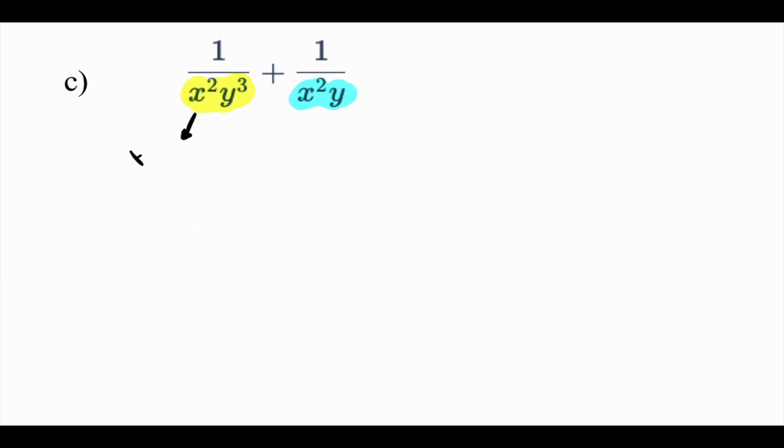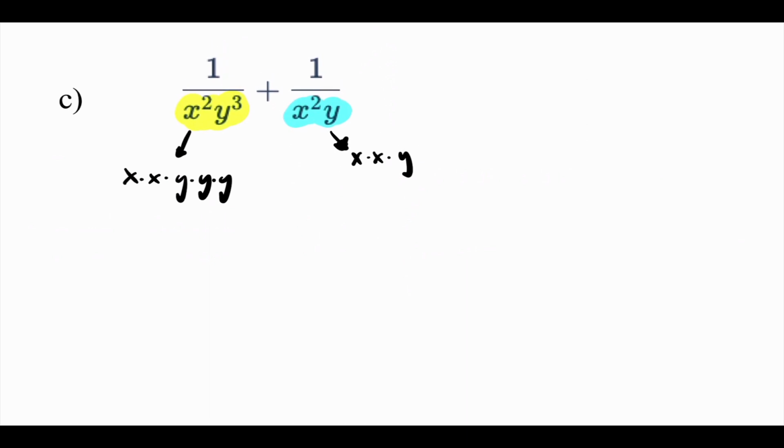I have x times x and y times y times y. Over here, I have x times y. What's missing?